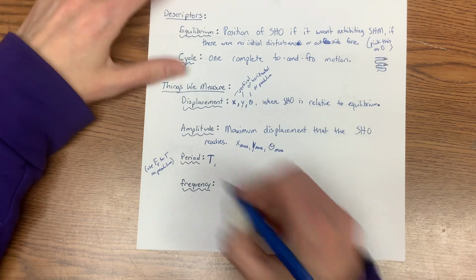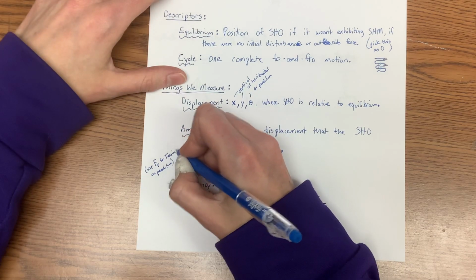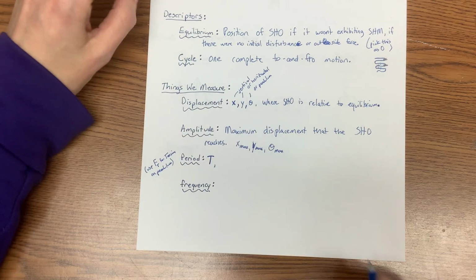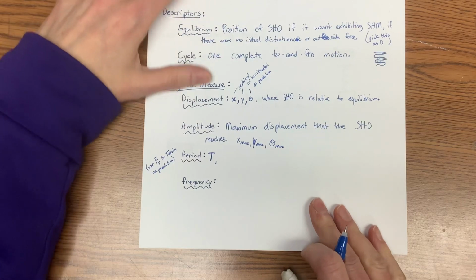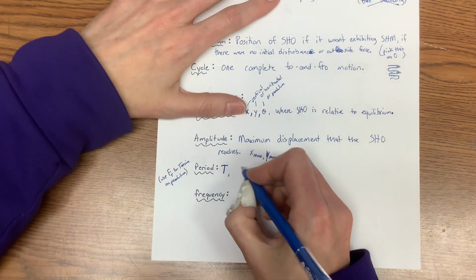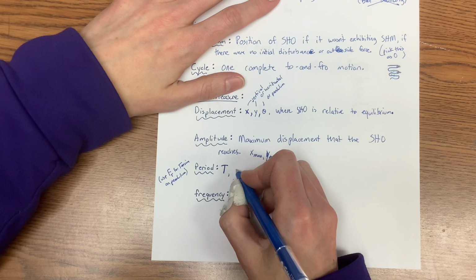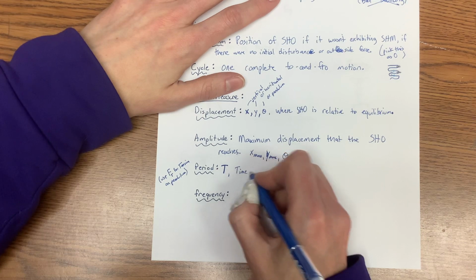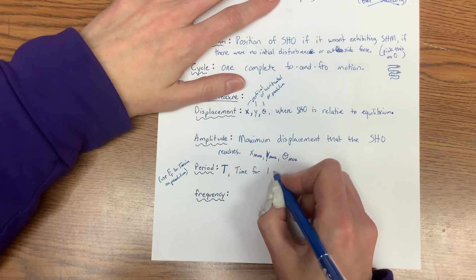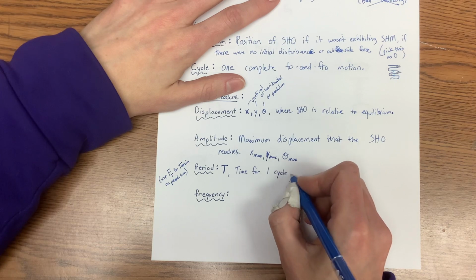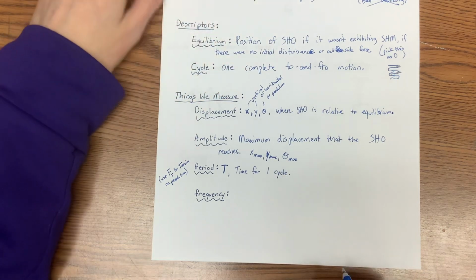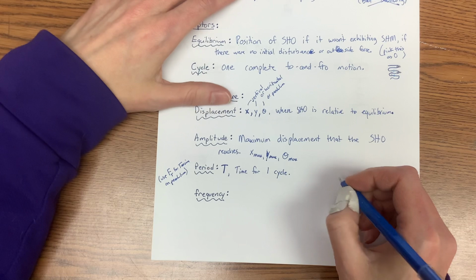That way your letters don't get mixed up. So the period T is the time for one cycle. Okay, the time for one cycle. We usually measure that in seconds. Okay.